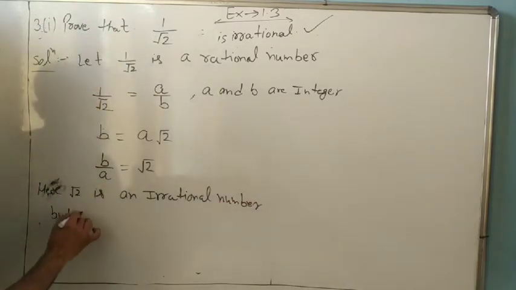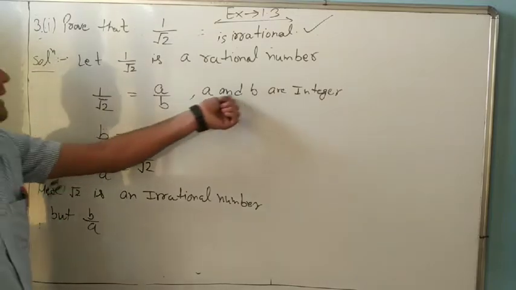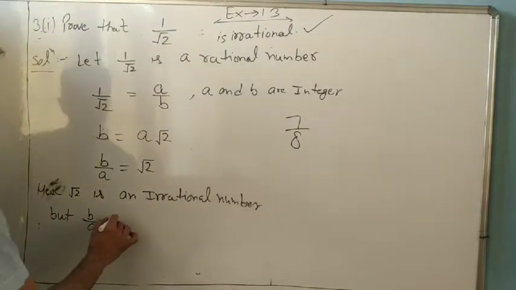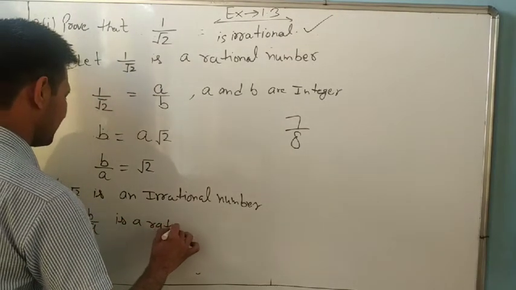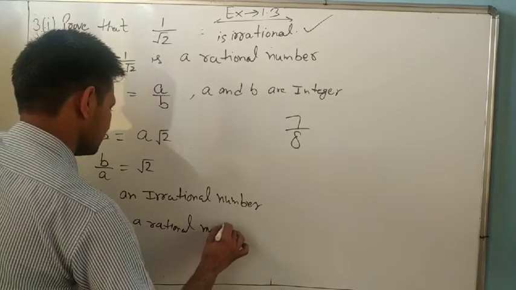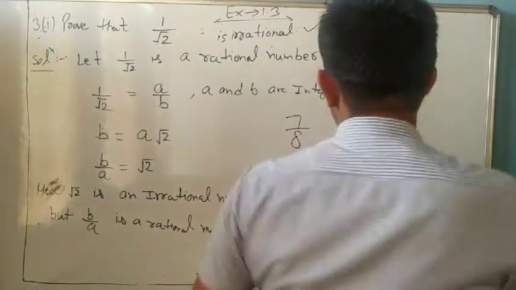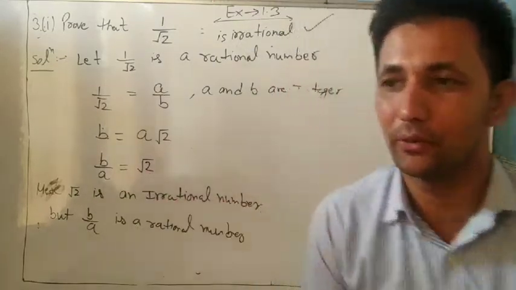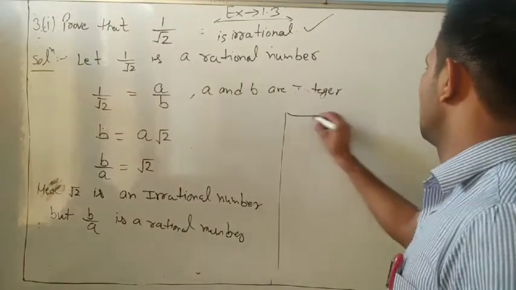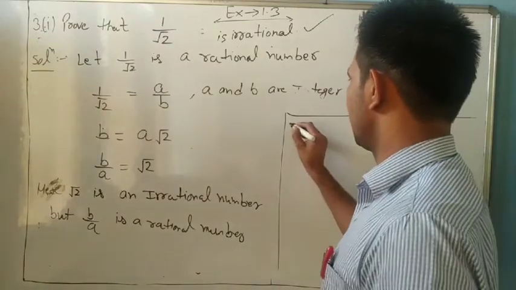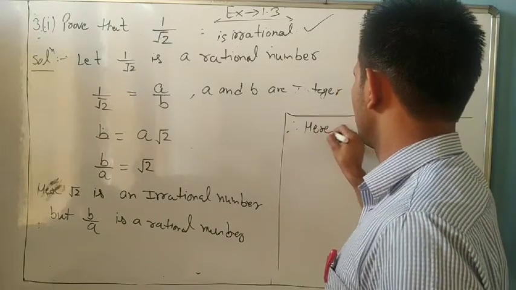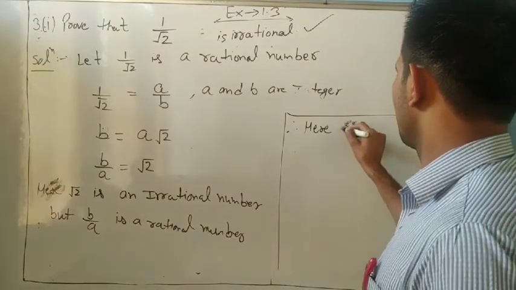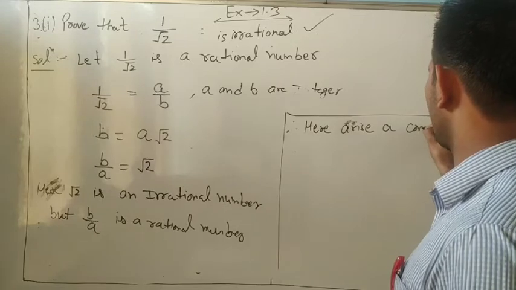But b by a, yes, b and a are integers divided, so it is always a rational number or not? So b by a is a rational number. And we are saying root 2 is irrational, it is rational, and we are saying both are equal. Is it possible? No. So we will write again the same thing: therefore, here arises a contradiction.